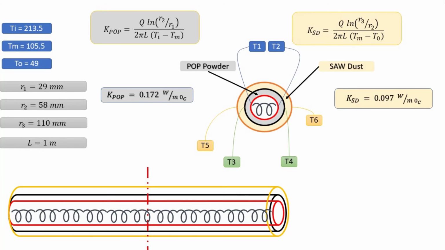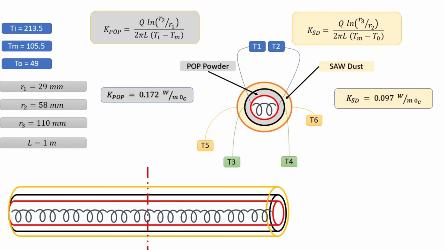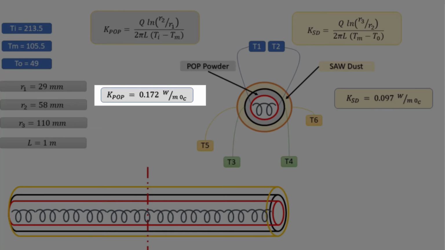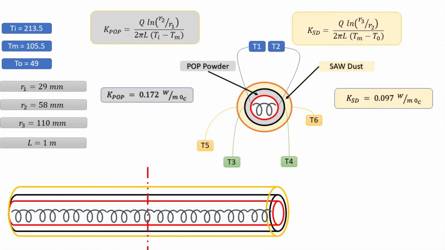The values of Ti, Tm and To are taken as Ti 213.5, Tm 105.5 and To 49. Putting the values in these equations, we get the conductivity of POP as 0.172 watt per meter degree Celsius and the conductivity of sawdust as 0.097 watt per meter degree Celsius.